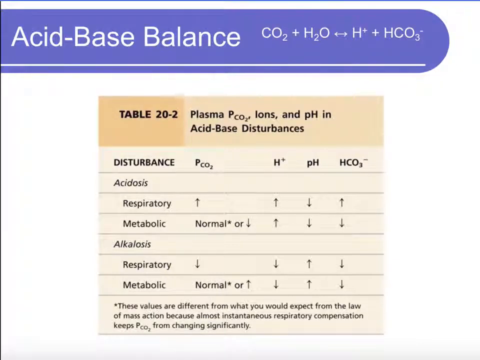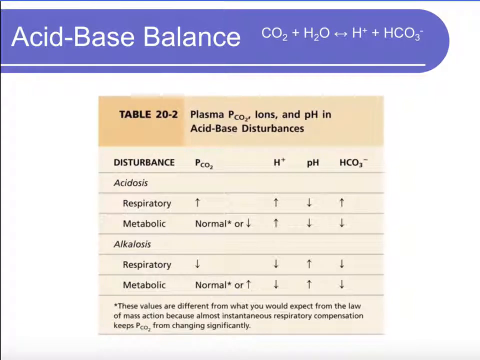So remember, CO2 is like acids, right? So having more CO2 in your body is like having more acids in your body. And so when you have a problem with your respiratory system, you're going to alter CO2 levels, and that will alter your pH. And so respiratory acidosis occurs when you are keeping too much CO2 in your body. Respiratory alkalosis occurs when you are losing too much CO2 from your body.